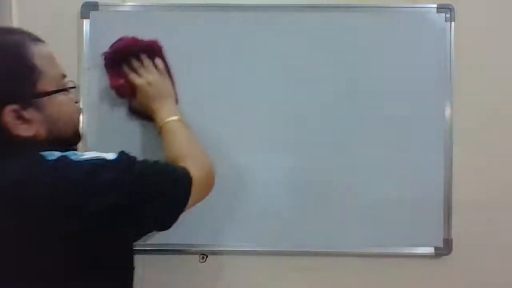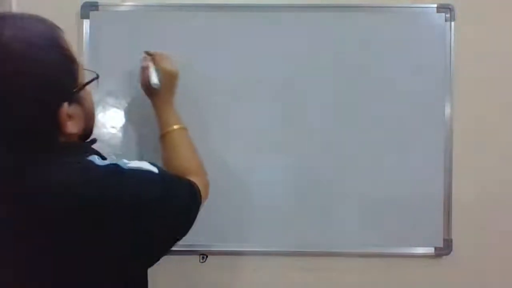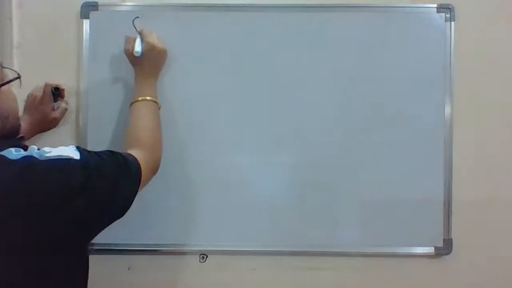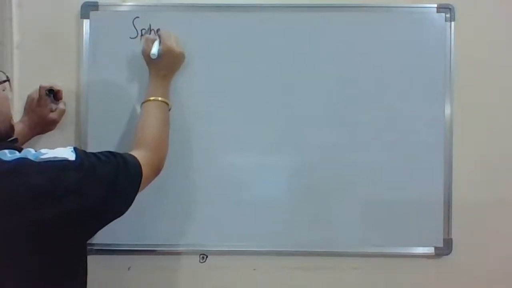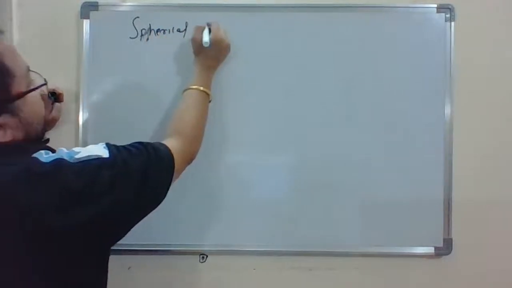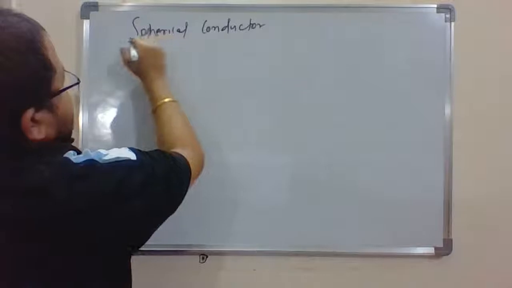So let us get into the evolution of different types of capacitors. Here let us start with a spherical conductor or spherical capacitor.